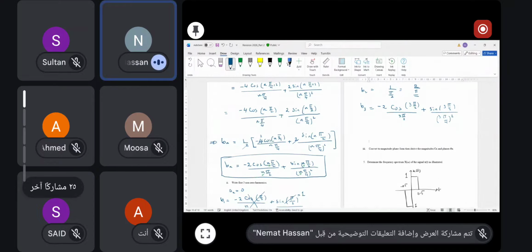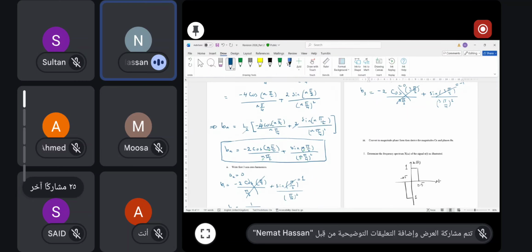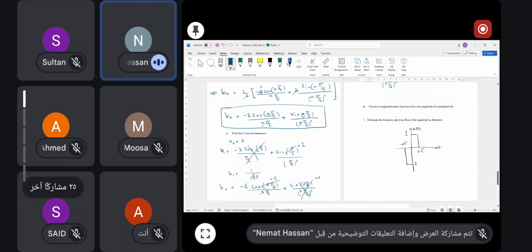Okay, 3 pi over 2. Cosine 3 pi over 2 is equal to 0. Sine 3 pi over 2 is equal to minus 1, which means that B3 is minus 1 over 3 pi over 4 all squared. So these are the first three non-zero terms.